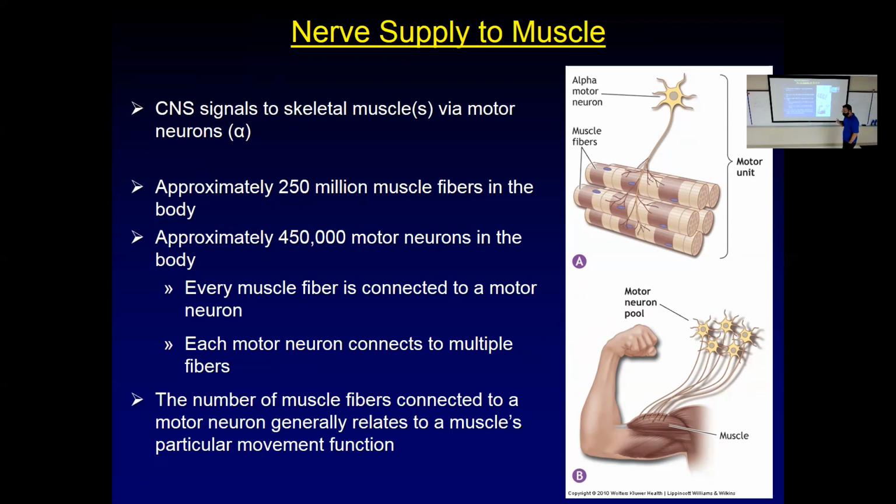But almost every muscle fiber is only going to be connected to one alpha motor neuron, okay? So what we term that is, each motor neuron and the individual fibers that it innervates, that's termed a motor unit, right?